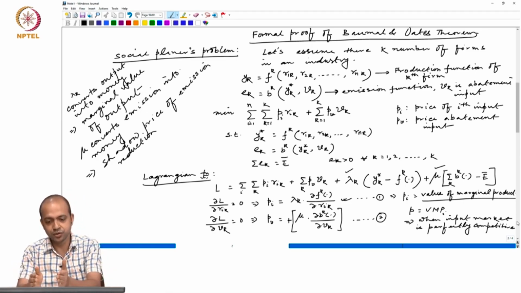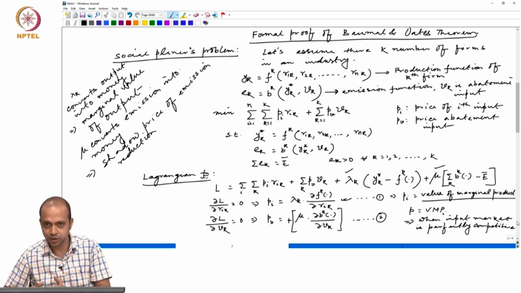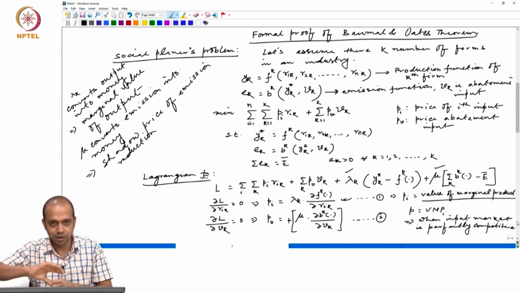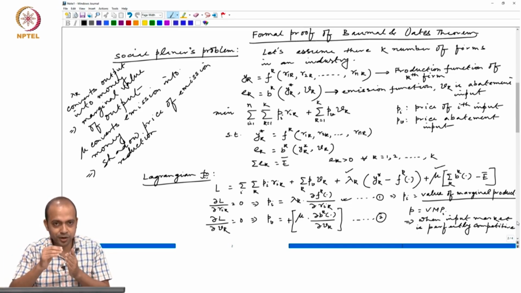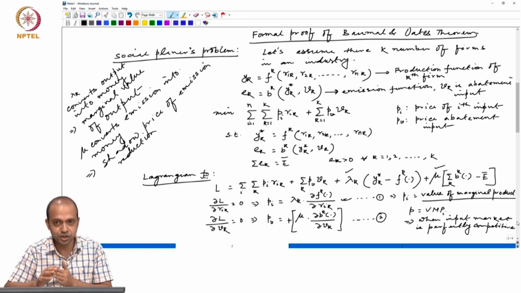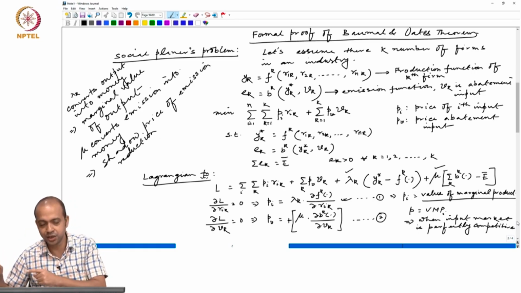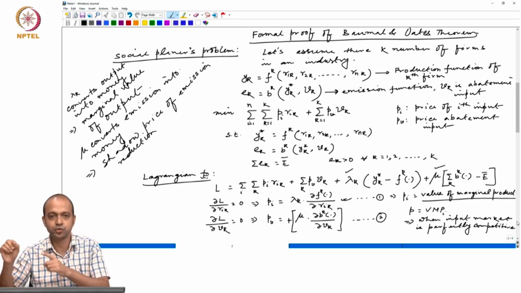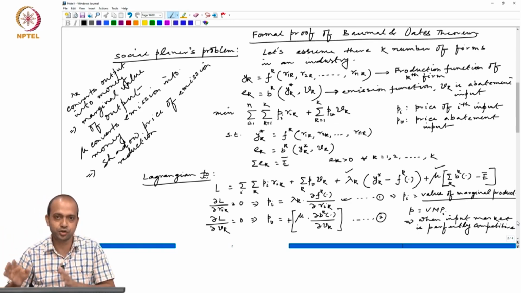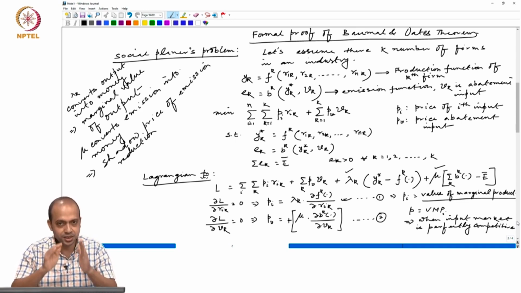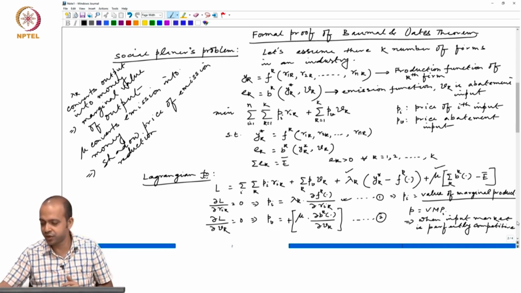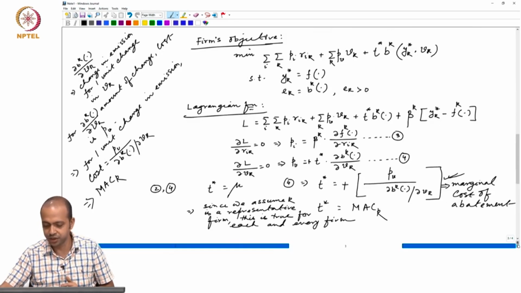We have set one social planner's objective, we have set one private firm's objective, and by equating the social planner's objective with the private firm's objective, we derived the condition that at optimality T star should be the marginal abatement cost of the kth firm, and since k is a representative firm, that is true for each and every firm in that industry.